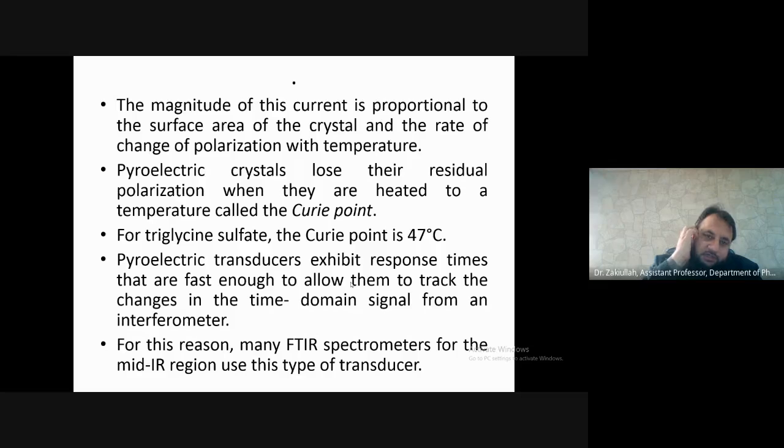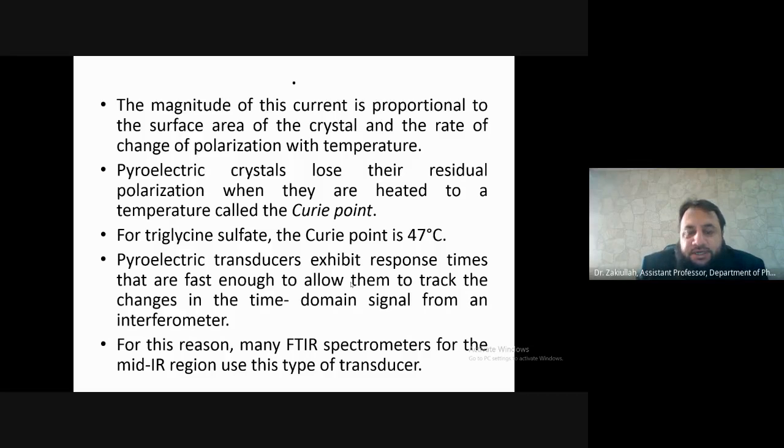Now, pyroelectric transducers exhibit response times that are fast enough to allow them to track the changes in the time domain signal from an interferometer. For this reason, many FTIR spectrometers for the mid-IR region use this type of transducer. To cut it short, these pyroelectric materials retain charge because of heating.